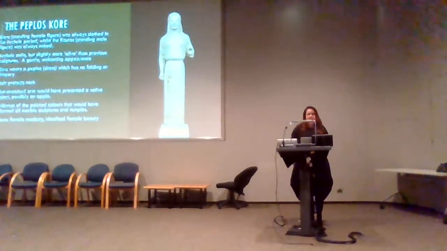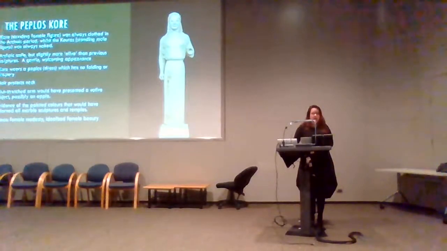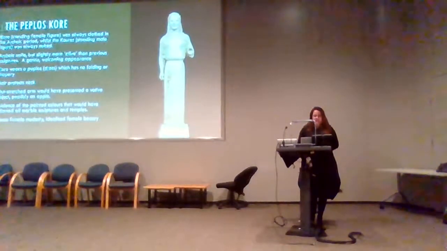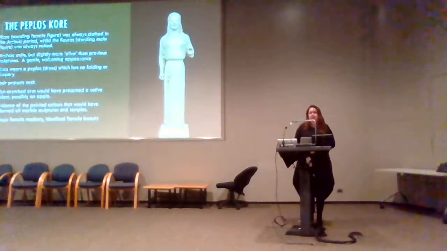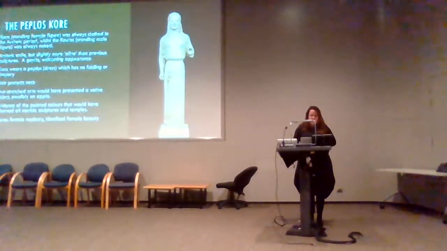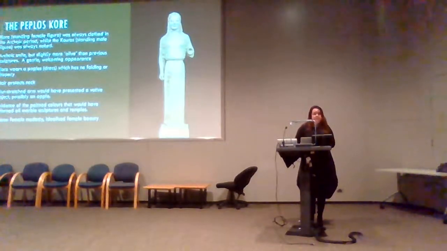We're still protecting the neck with the hair, and that was pretty consistent through most of the archaic period. So she's obviously holding something, probably an apple, and she's lost her arm, unfortunately. So female modesty, we would talk about an idealised female beauty.